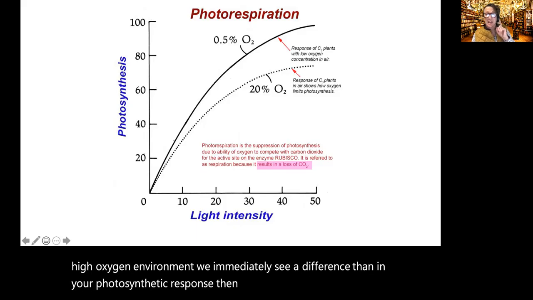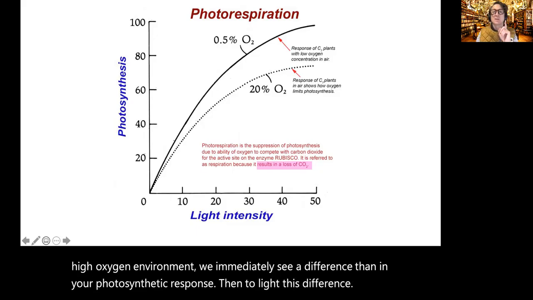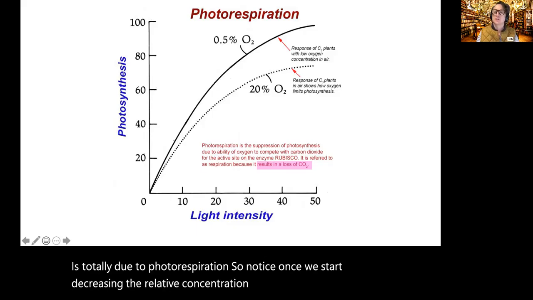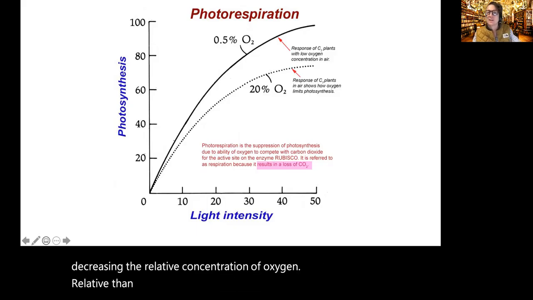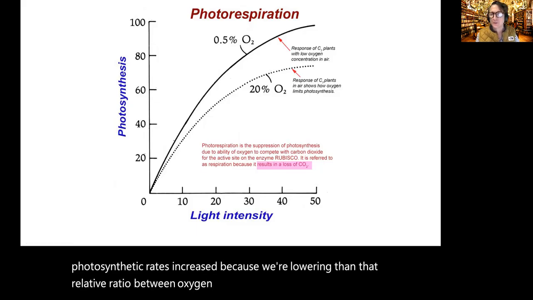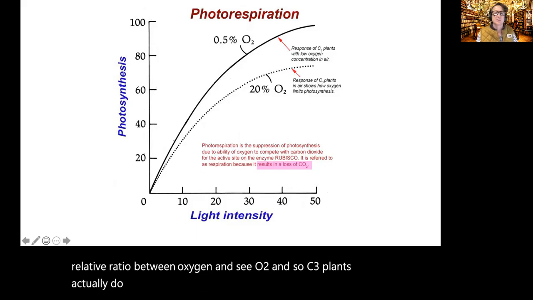This difference is totally due to photorespiration. Notice once we start decreasing the relative concentration of oxygen relative to our normal concentrations of oxygen, photosynthetic rates increase because we're lowering that relative ratio between oxygen and CO2. Okay? And so C3 plants actually do better in lower oxygen environments.